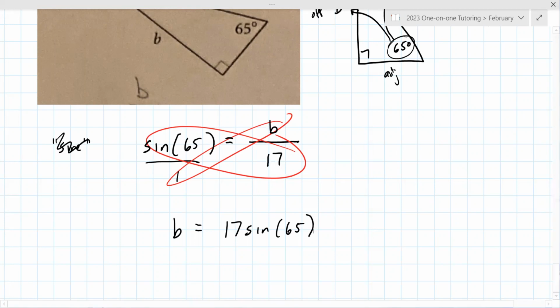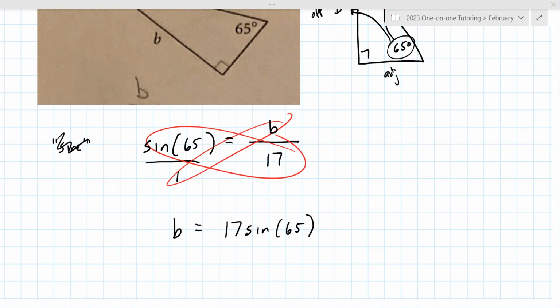Okay. Do you feel confident in your answer? Let me just double check. 17 sine times 60. Yep, I think it is 19. It is not 19. It's 17 times sine 65.